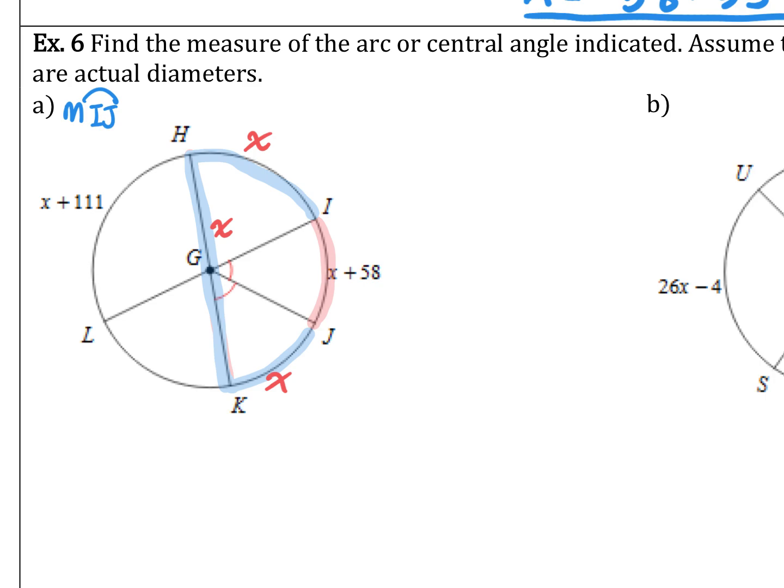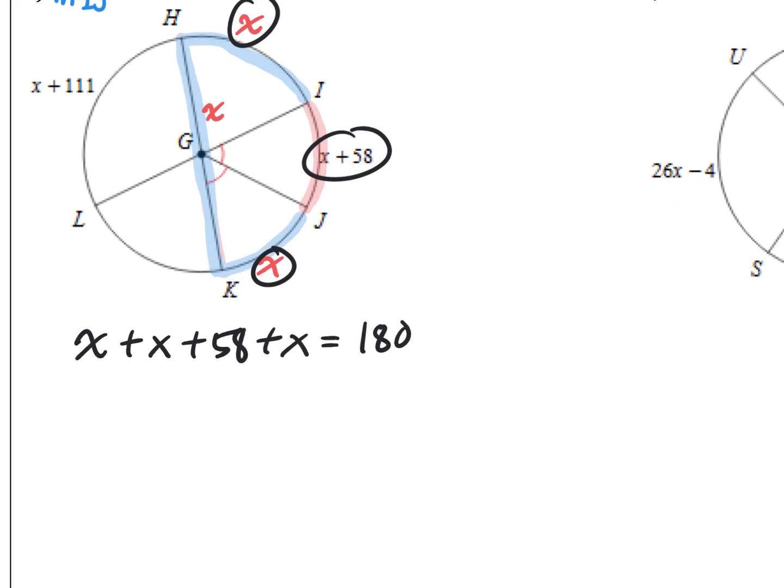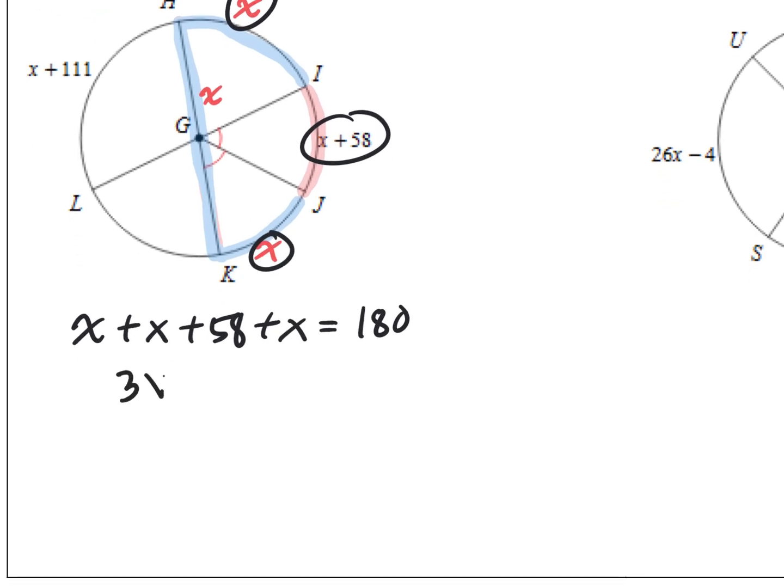So I'm going to say x, then first x, plus x plus 58, plus my last x. That's going to give you 180. So that's going to give you 3x plus 58 is equal to 180. 3x is equal to 180 minus 58.